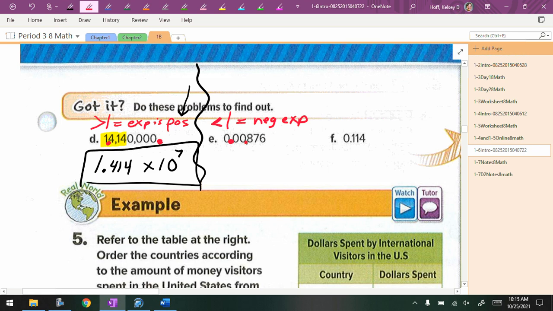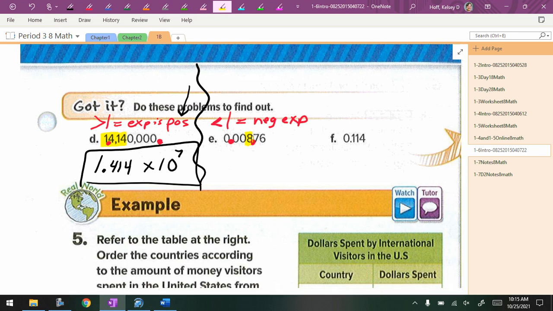No, behind the 8. Behind the 8. Like this? Okay, you can only have one number in front of the decimal though. Is she correct? No. She's correct.